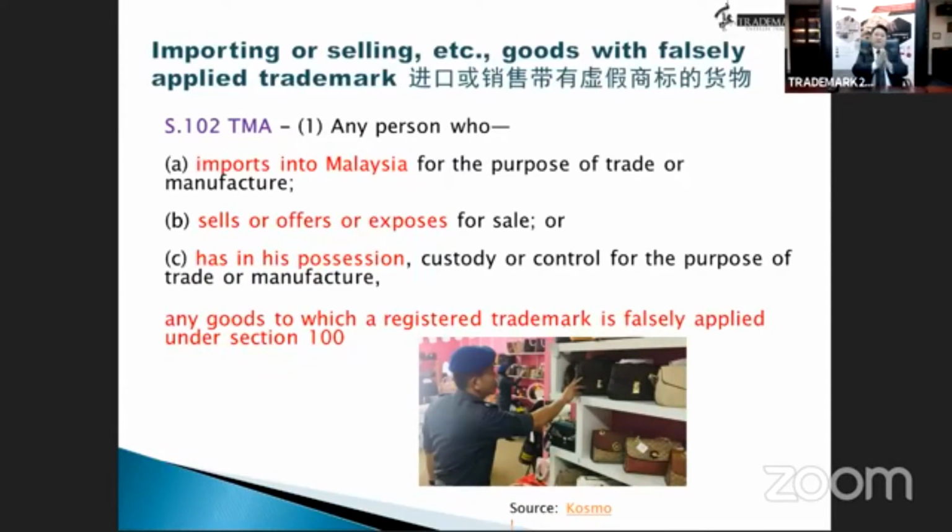What happens if I import or sell fake, falsely applied trademarks? So under section 102, anyone who imports into Malaysia for the purpose of trade, or manufactures, or offers to sell. When I say offer to sell, it means you put your products onto any platform, any e-commerce platform, and is in possession and control of goods with falsely applied trademarks, you will be fined, you will be penalized as well.